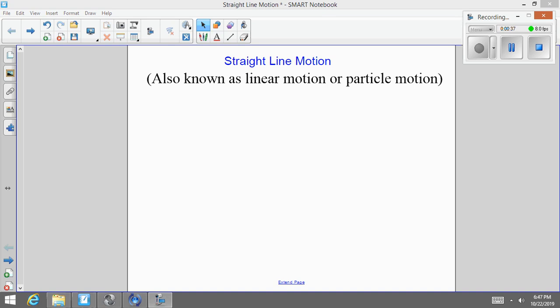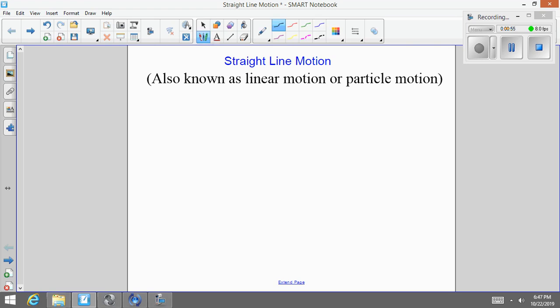Okay, now, first of all, there are three different functions we deal with: position, velocity, and acceleration. And usually the position function is represented by x of t.